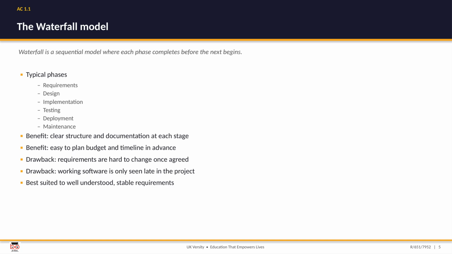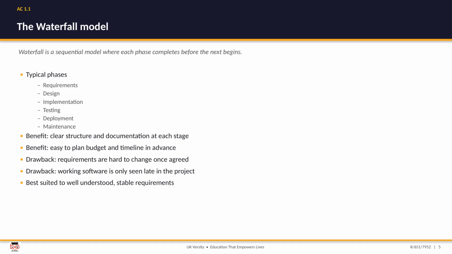The waterfall model is the classic starting point, and it is sequential. You finish one phase completely before the next one begins. You move from requirements into design, then implementation, testing, deployment, and finally maintenance, rather like water flowing down a series of steps.